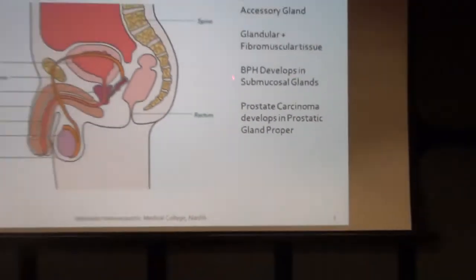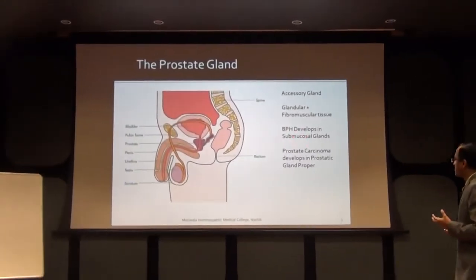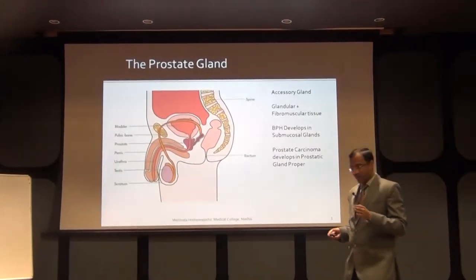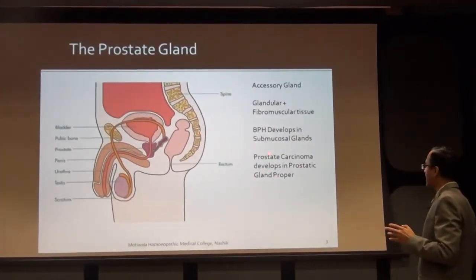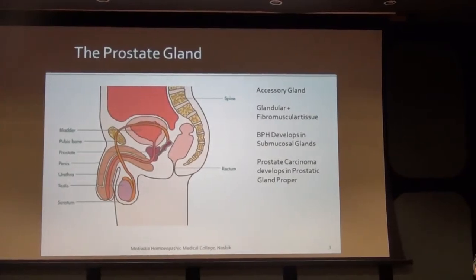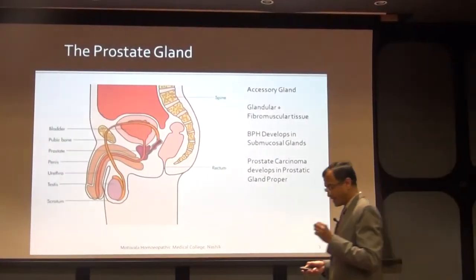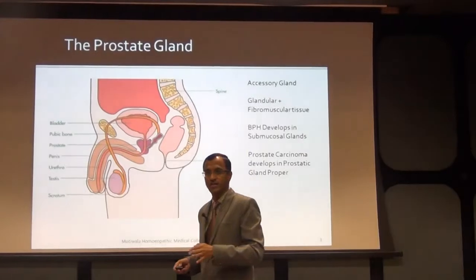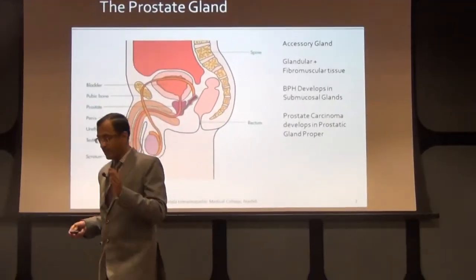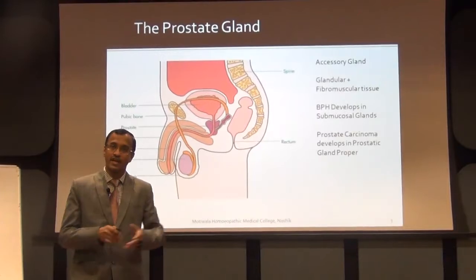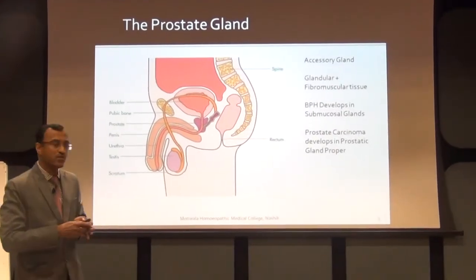Usually benign prostatic hypertrophy develops in the submucosal glands, whereas prostatic carcinoma develops in the glandular region. That is the basic histopathological difference by which we can differentiate benign prostatic hypertrophy from carcinoma of the prostate.